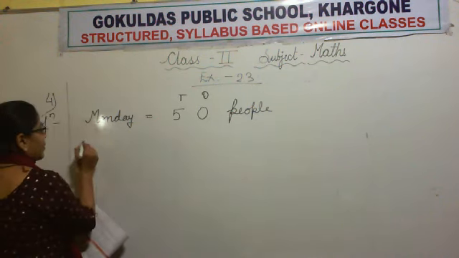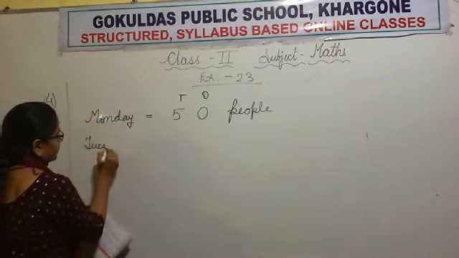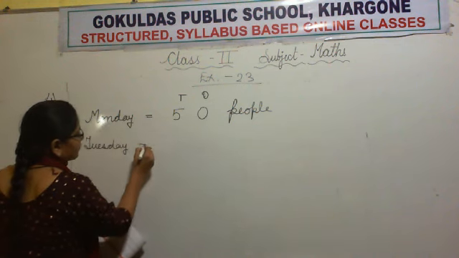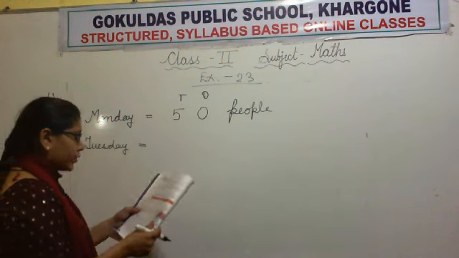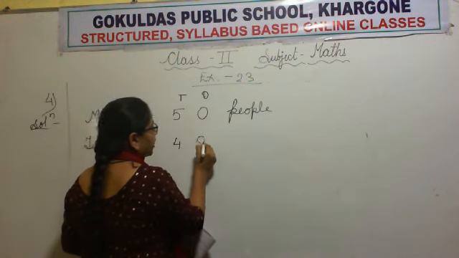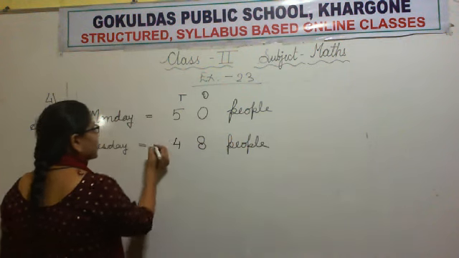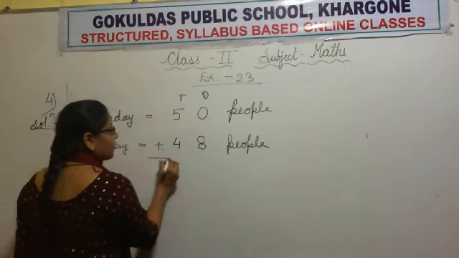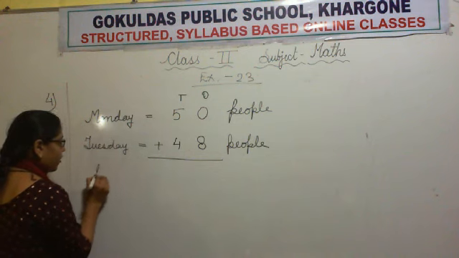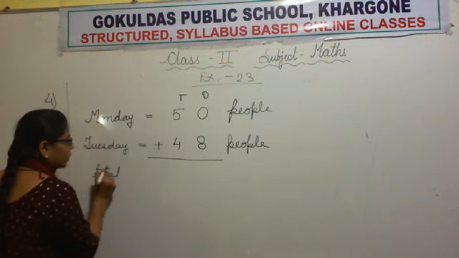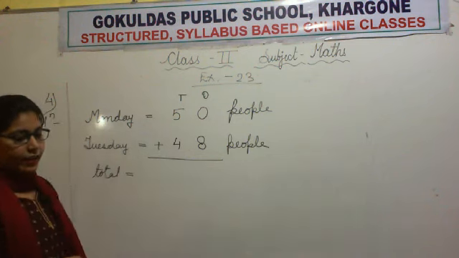Now let's write about Tuesday. How many people visited on Tuesday? Yes, 48 people. So we will write 48. Now we have to find the sum, so we will put a plus sign over there. Now we are finding the total.